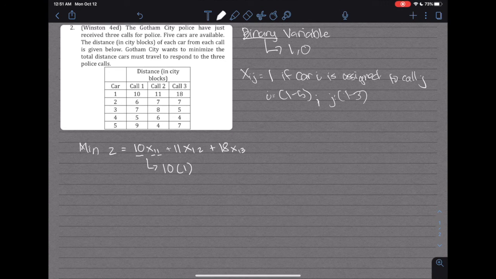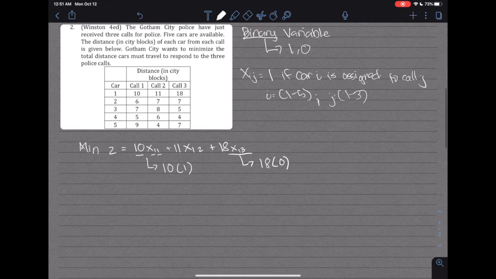However, if x13 is equal to 0, this means that car 1 will not be assigned to call 3. This will get a value of 18 times 0, which means that the total distance, which was not traveled, will not be taken into consideration in your optimal z value. Okay?